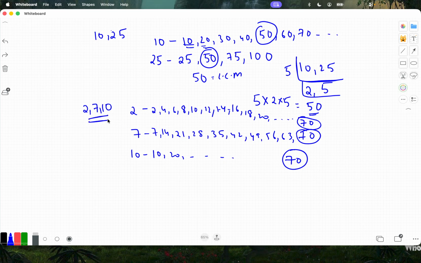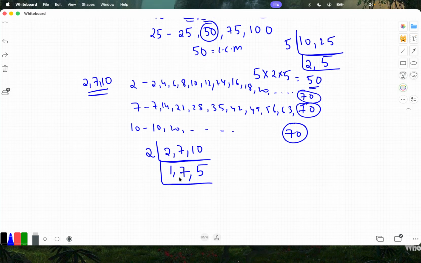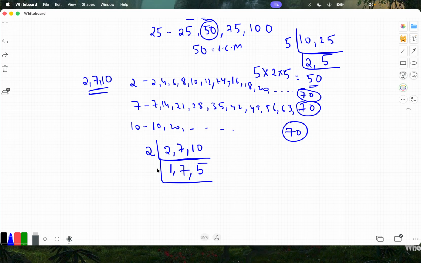When you have these kinds of things, I think it is better to use this method: 2, 7, 10. First, 2 and 7 don't have common multiples. 2 and 10 do. So you can take 2 ones are 2, 7 you can write as it is, and 2 fives are 10. Now here you don't have common multiples.